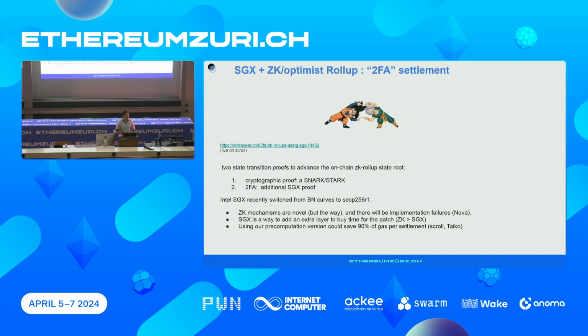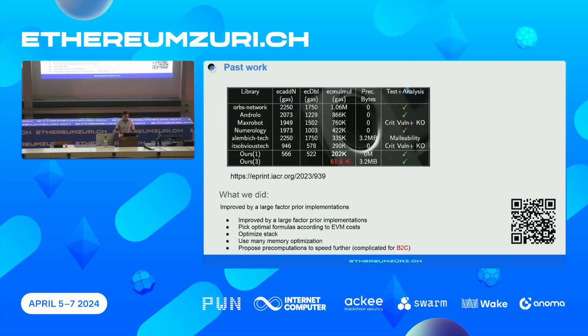It has been implemented by Scroll and Taiko, and it happens that Intel SGX, which aims to guarantee the integrity of computation executed in the enclave, is secured also by this curve. It's actually live on Scroll and Taiko. And actually, they are not using our computation, but they could save a lot of gas by doing so. So if there is someone connected to Scroll or Taiko, I would like to speak to them.